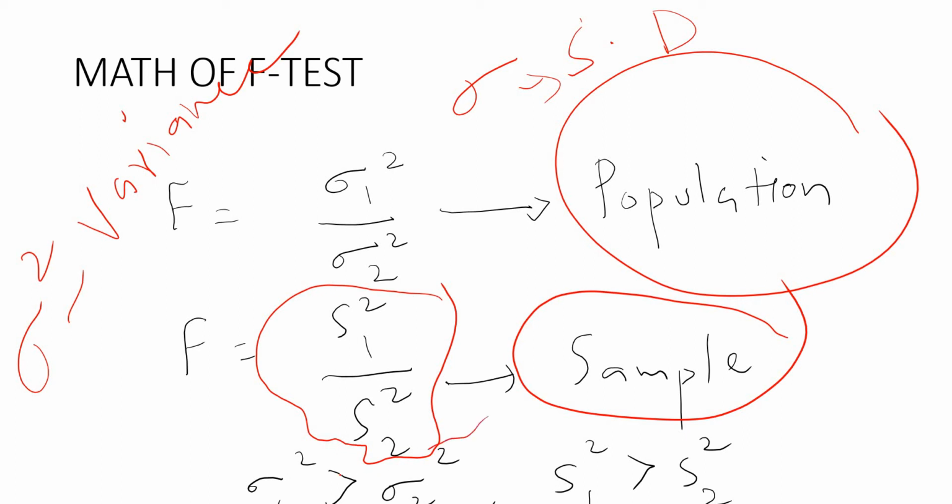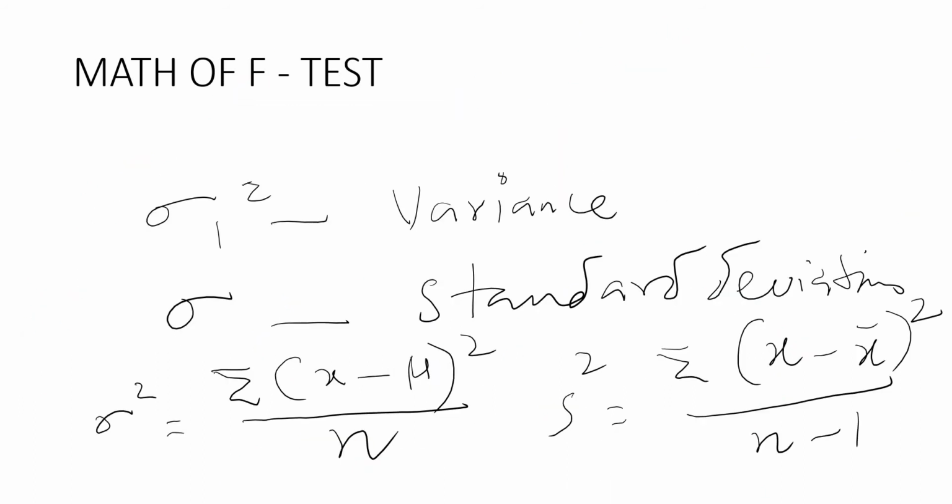Here you need to understand that sigma 1 square must be greater than sigma 2 square, and S1 square should be greater than S2 square, because it is to compare the variance of two populations or two samples. Simple. This is the math of F test we discussed.